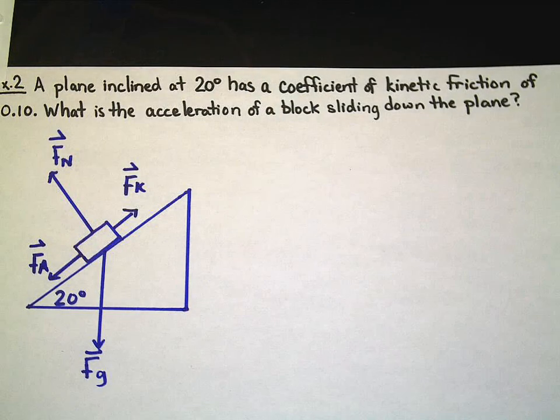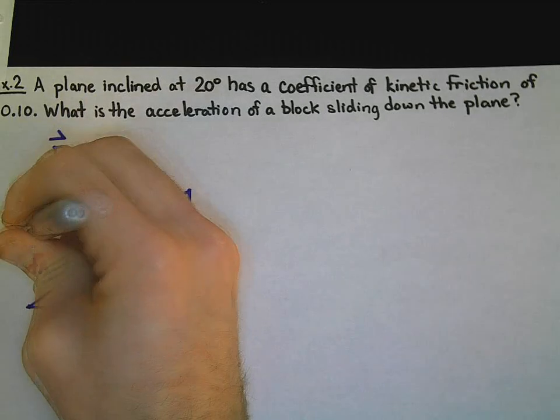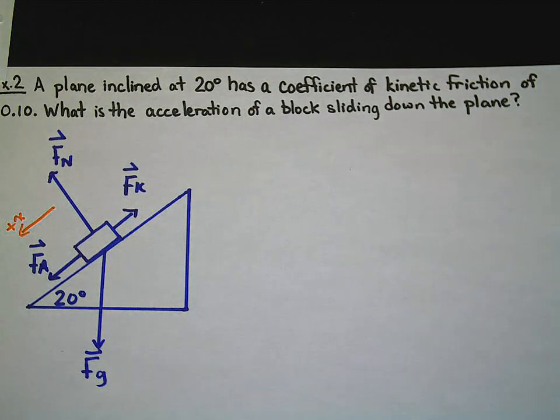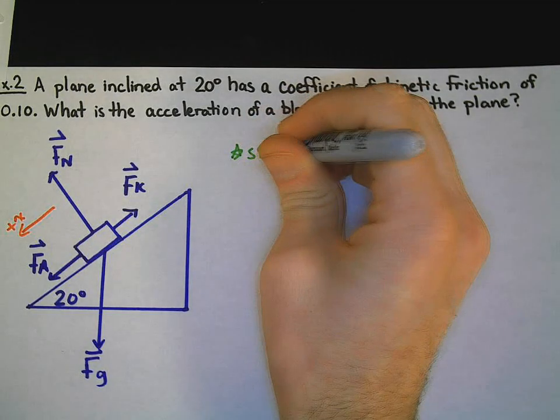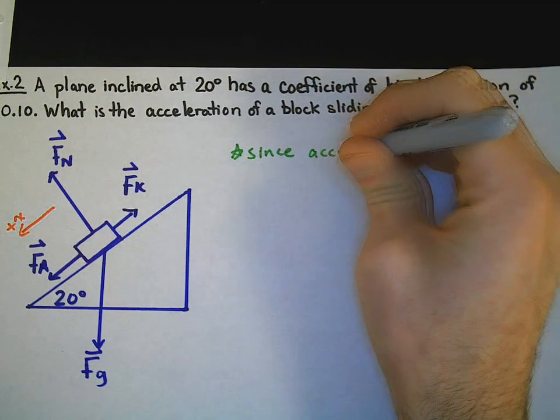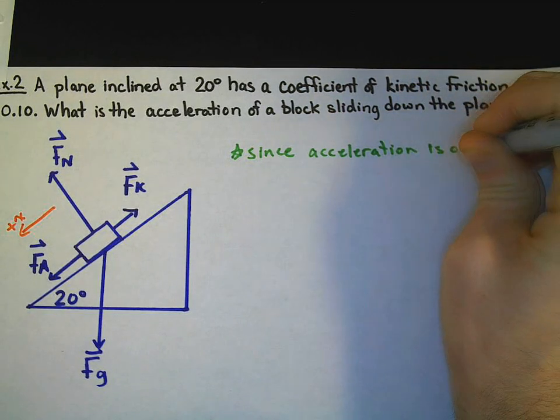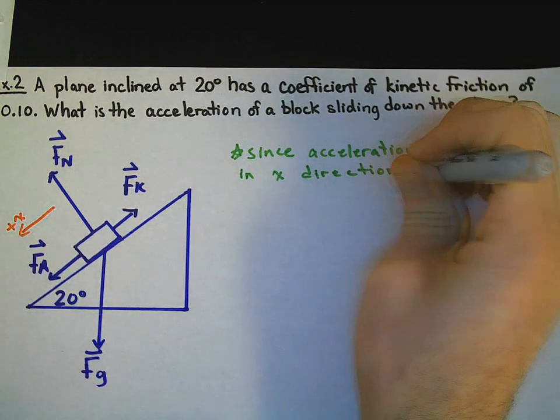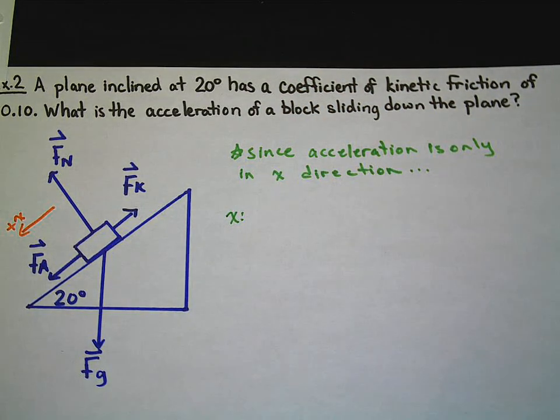And again, my acceleration is only sliding down the ramp. Because of that, let's call down the ramp our x direction, and we're choosing that to be positive x as well. Similar to the last example, since my acceleration is only in the x direction, I only need to analyze the x components of the force.